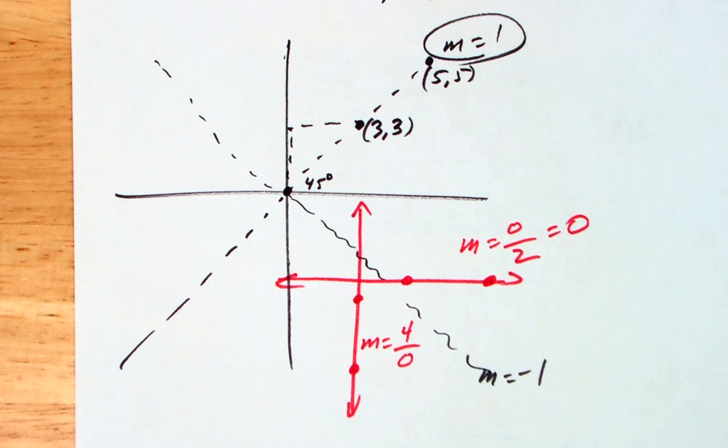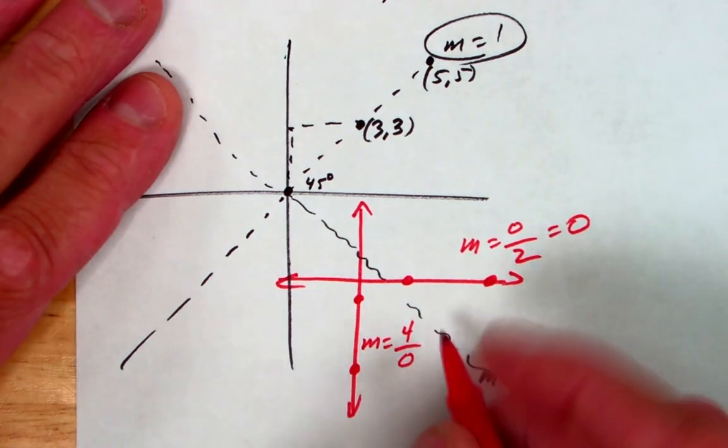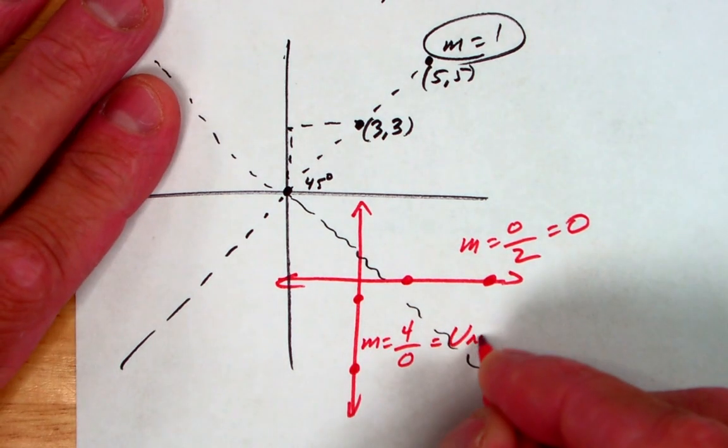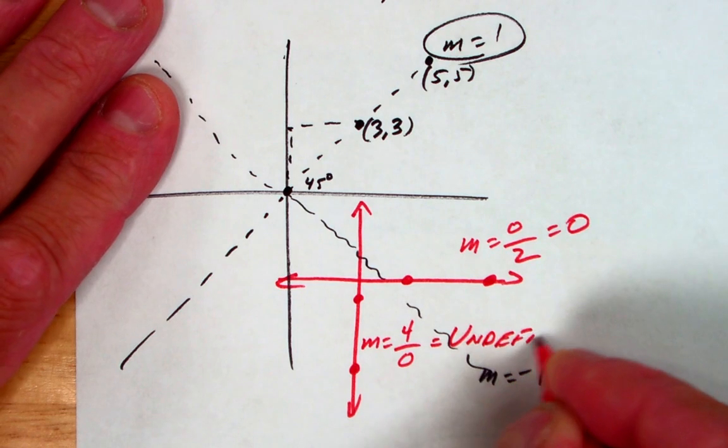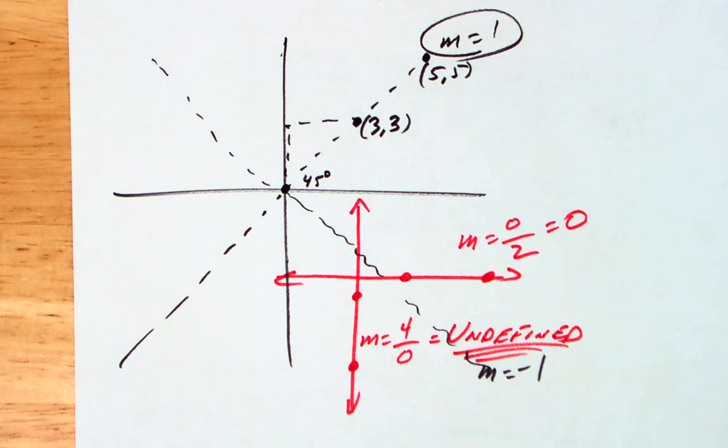It doesn't have any slope because it's flat. That's more of a common sense deal. So for this one, the slope is undefined. It doesn't have a slope that we can really talk about. It's vertical.